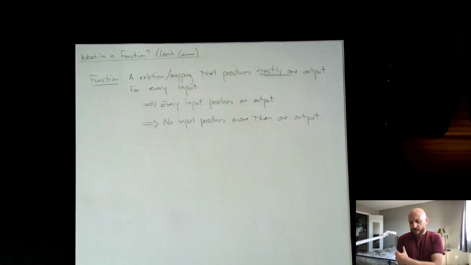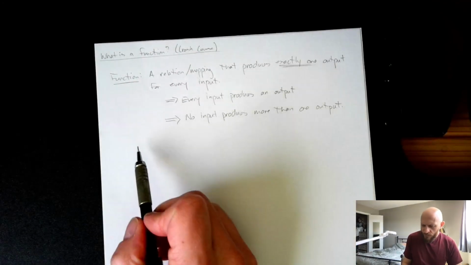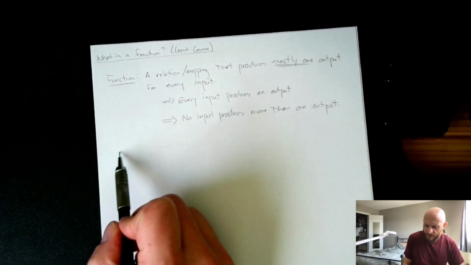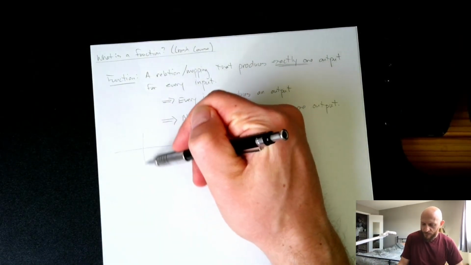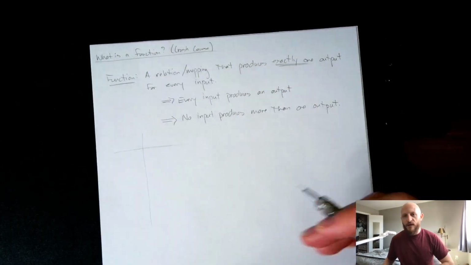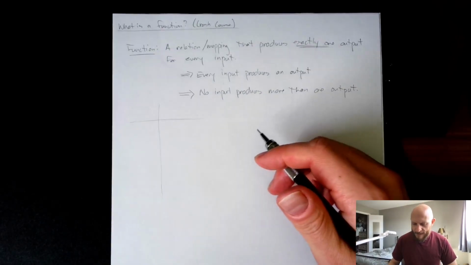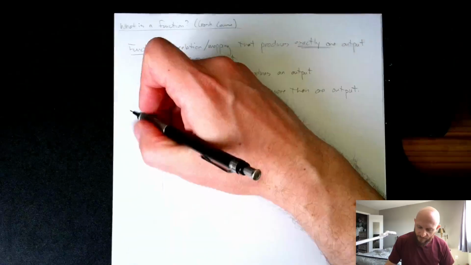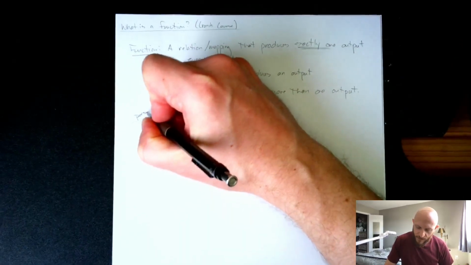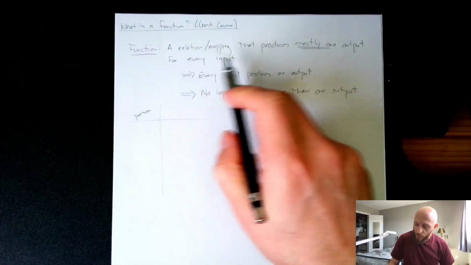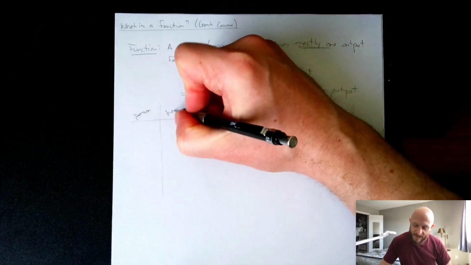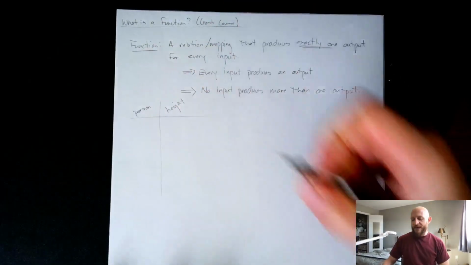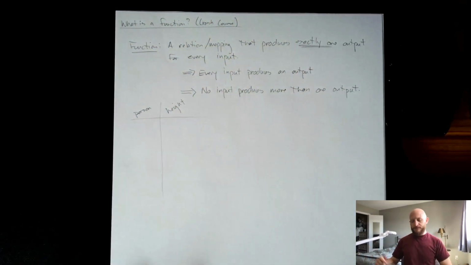So let's look at some examples, because that might make it a little bit easier. We'll start with something that's not necessarily a number, because technically functions don't have to involve numbers. One relation or correspondence or mapping that is a function is mapping a person to their height.